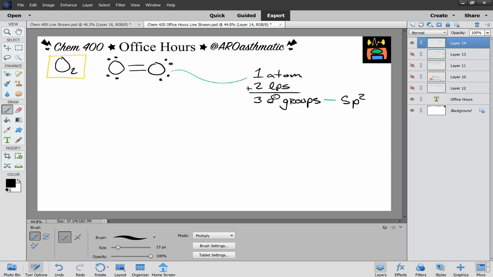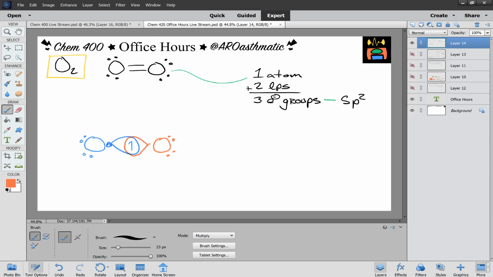Now let's take a look at the bonding system between our 2 oxygens. Our first oxygen has a couple lone pairs on it, and we know it's double bonded to that second oxygen, which I'm going to draw in this salmony color, also with a couple lone pairs. Now we know how to make that first bond.